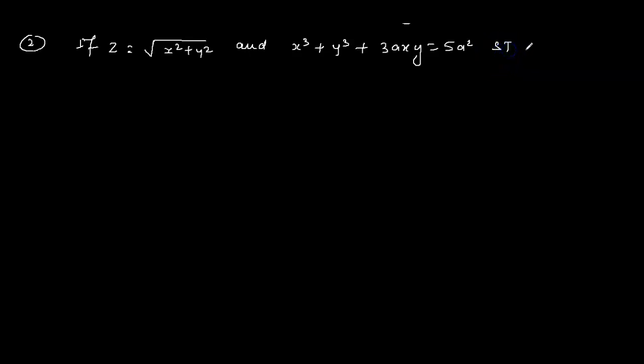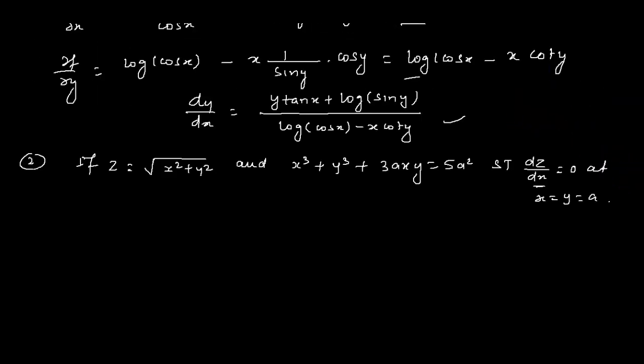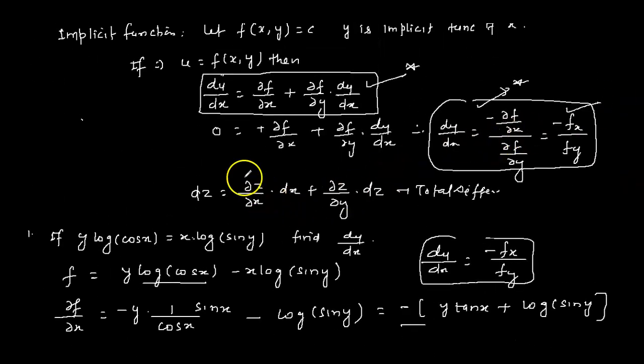Show that dz by dx is equal to 0 at x equal to y equal to a. Here we have to differentiate z with respect to x, so we have to use this formula, because we need to differentiate with respect to x, not dy by dx.